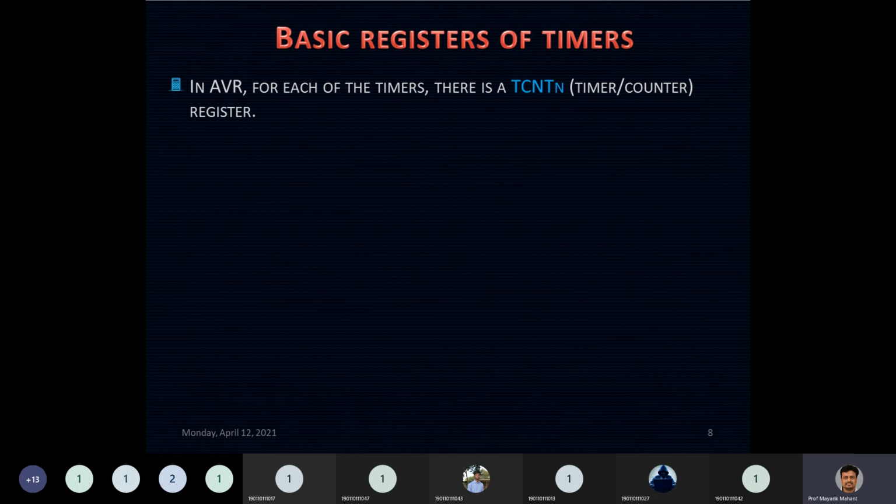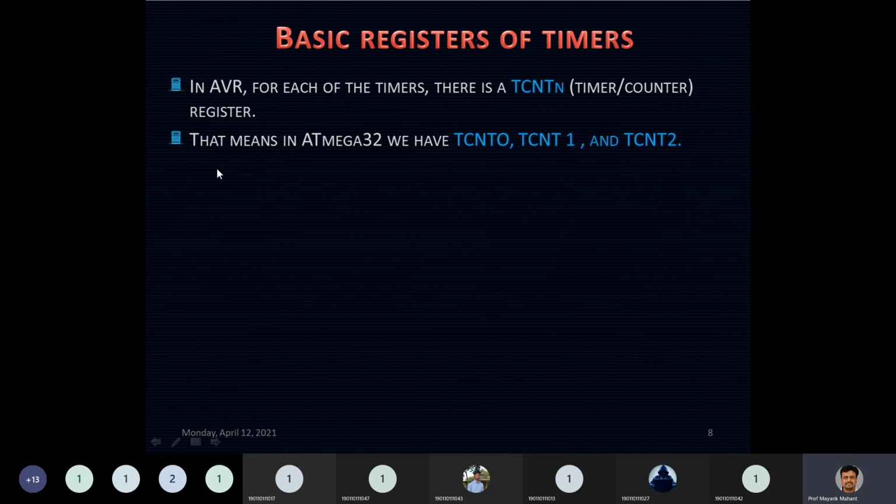So these are the registers associated with your timer 0. Let us talk about each register in detail. In AVR, for each timer there is a TCNT register, and N stands for which timer it is associated with. If it is 0, then it would be TCNT0. If it is the ATmega32, N can take the value 0, 1 and 2.